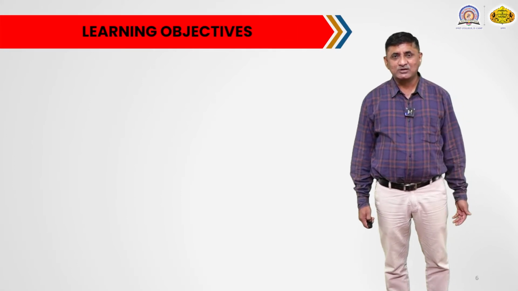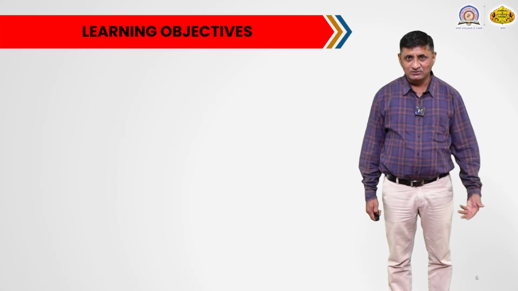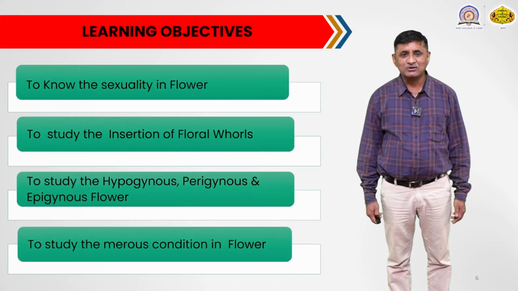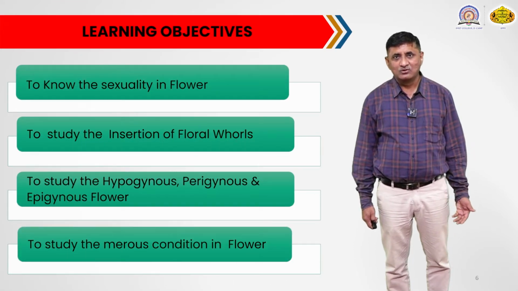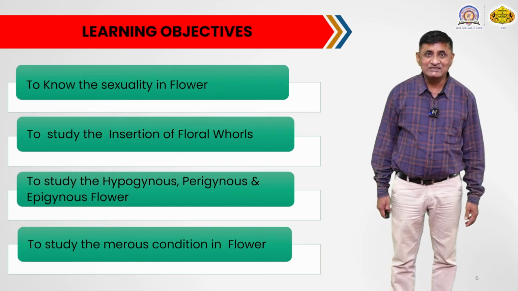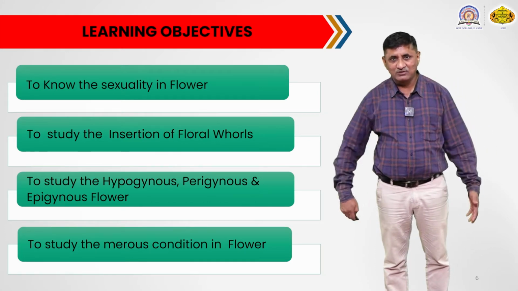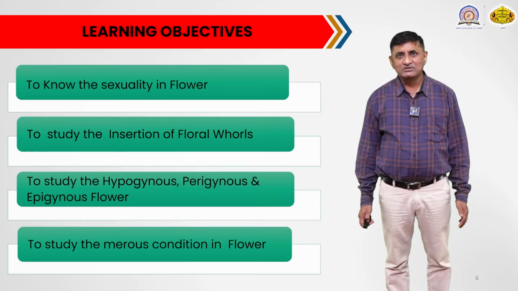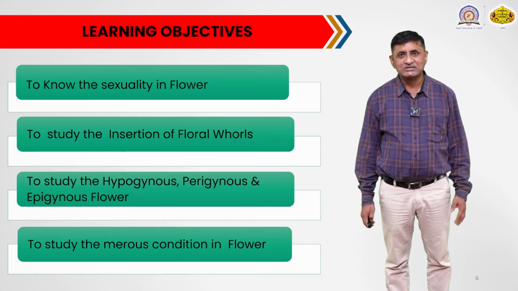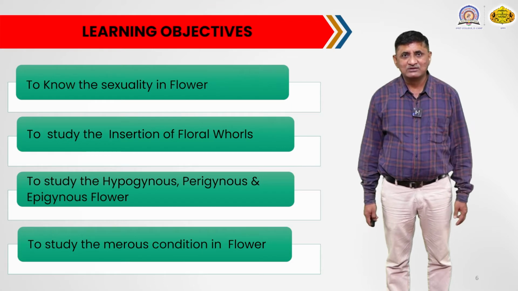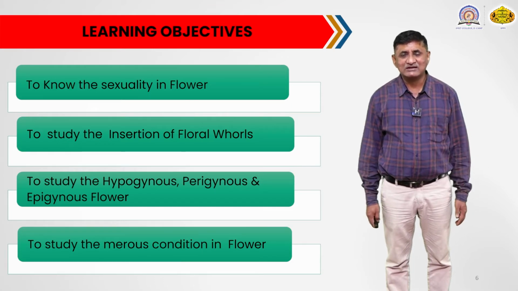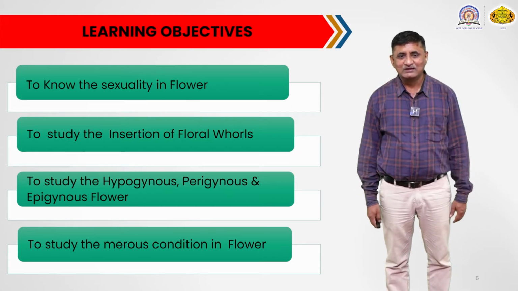What are the learning objectives of today's topic? We want to understand the sexuality of a flower. On the basis of the presence and absence of reproductive structures, we can define the flower, so all these points come under the sexuality of a flower.